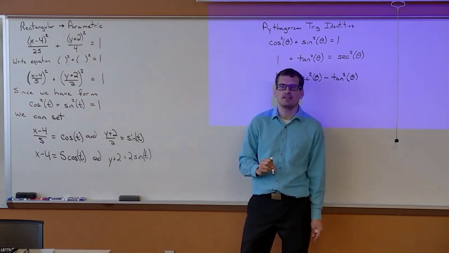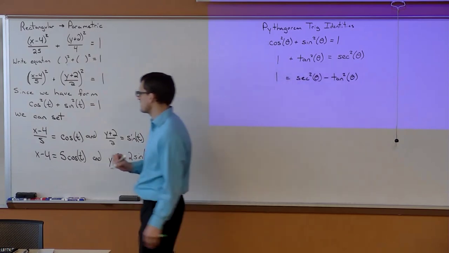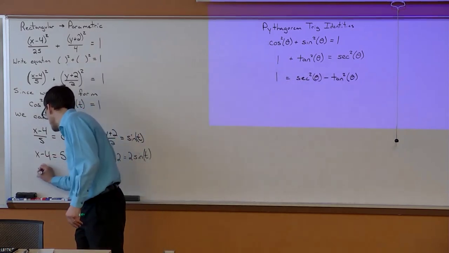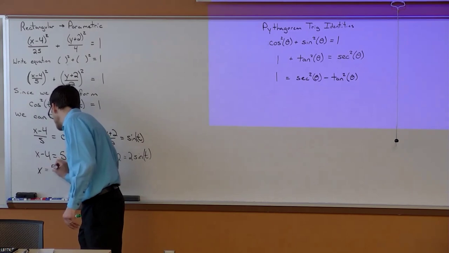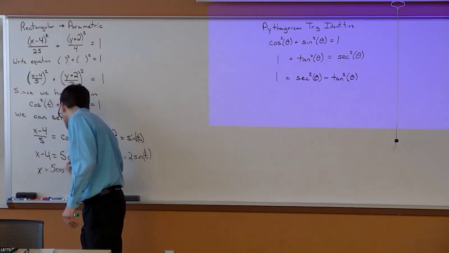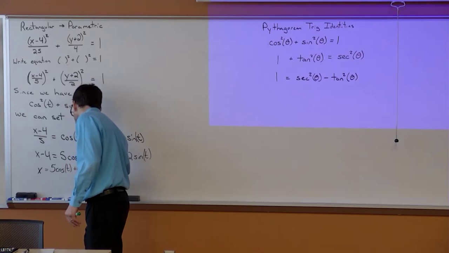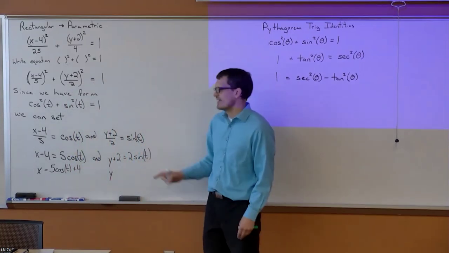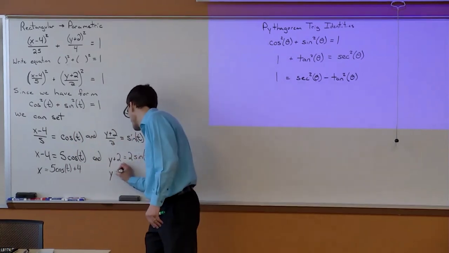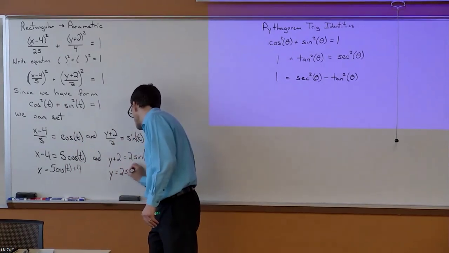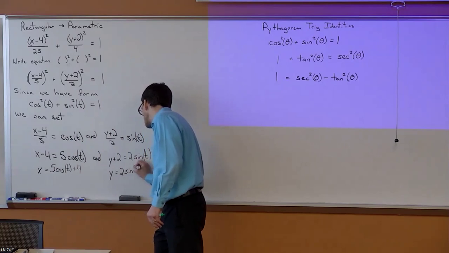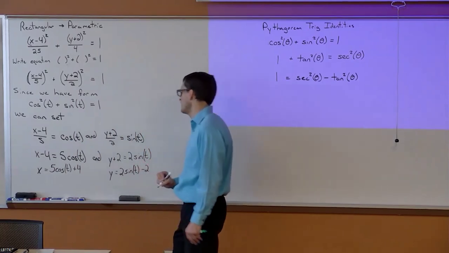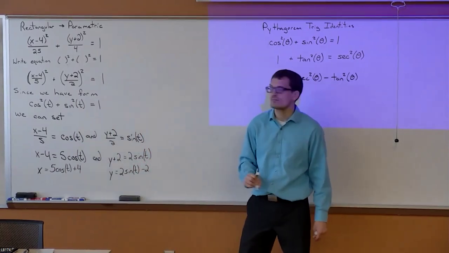In the left-hand equation, the equation for x, I just have to add 4 to both sides. I'm not writing down all the steps because they're pretty straightforward. In the right-hand equation, I'm going to subtract 2 from both sides.